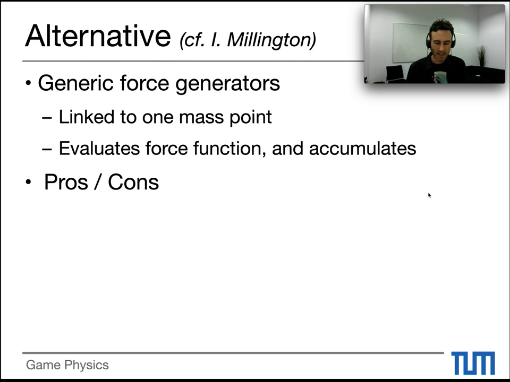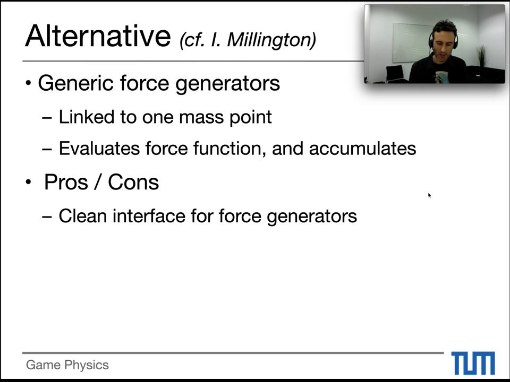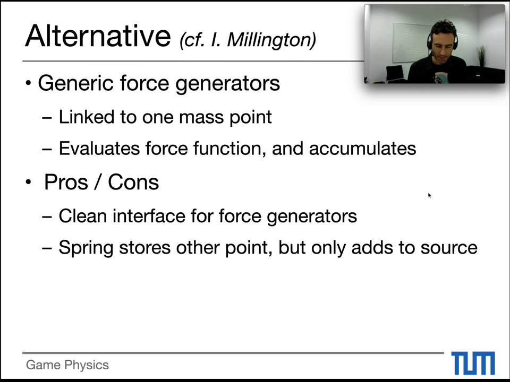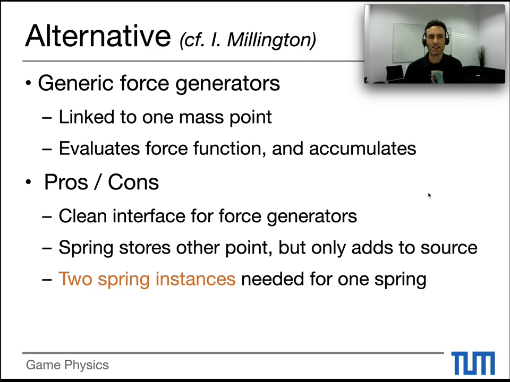It's also a nice interface for these generators. However, in this case you actually need a spring twice, because each generator only adds to one point it's connected to. The spring has two endpoints, hence you actually need two of these generator instances for one spring, which I think is a bit unintuitive. Typically we think of the spring as one object. However, this is an alternative that's recommended in the book.